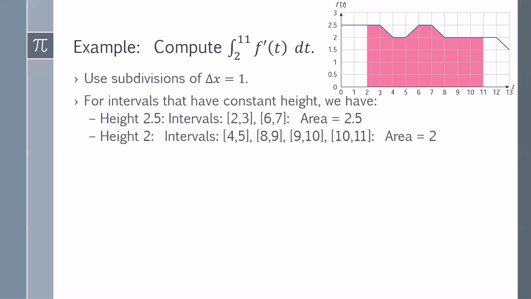We have some intervals at height 2, for example, the interval from 4 to 5, 8 to 9, 9 to 10, 10 to 11, each of those has area 2.